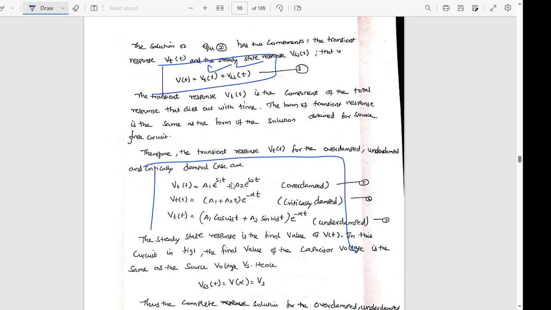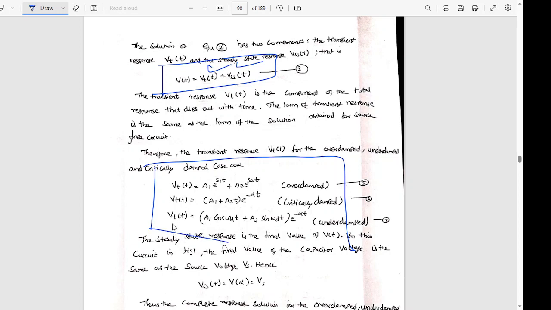V of t equal to a1 e power s1 t plus a2 e power s2 t. V of t equal to (a1 plus a2 t) e power minus alpha t. And for underdamped, V of t equal to (a1 cos omega d t plus a2 sin omega d t) e power minus alpha t. So this is for the transient response.